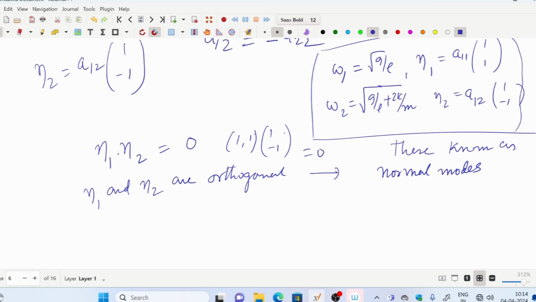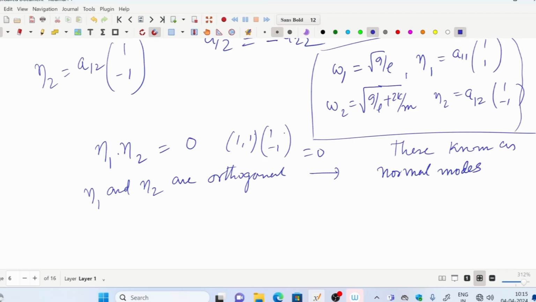And later we will see how these modes can be normalized. Okay. So for that we have to go back to the general consideration. You recall the general consideration when we write down the equation of motion and then we substitute the oscillatory solution. You recall that we obtain the equation in terms of the V and T matrices.